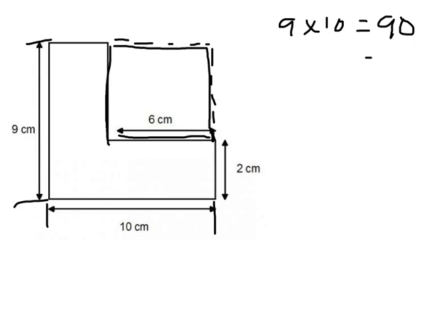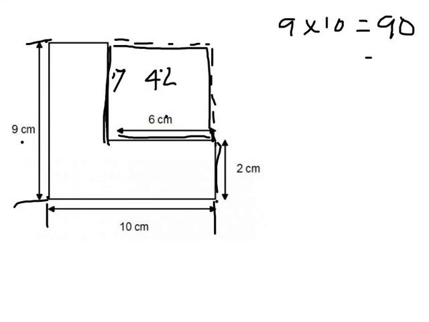We're going to look at our other vertical lines. We've got 9 and we've got 2. Those are the only 2 verticals we have to work with. So if I take this 2 away from this 9, I'm going to get 7. So I know that this is going to be 7. And, sorry, this one is 6. 7 times 6 is 42.